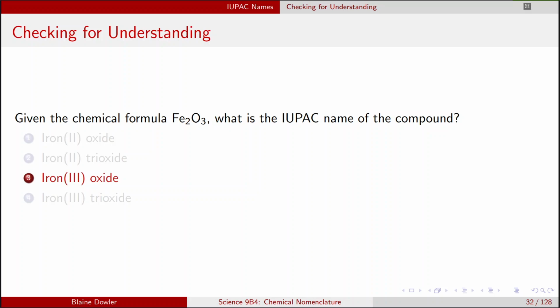So we know it is not tri because it's ionic. And oxygen has a charge of 2- when it's in a compound. So there's 6 negative charges on the oxygen. That means we need 6 positives on the iron. So when you have that Fe2, that means each iron is 3+. That's how we get to the iron(III) oxide instead of the iron(II).